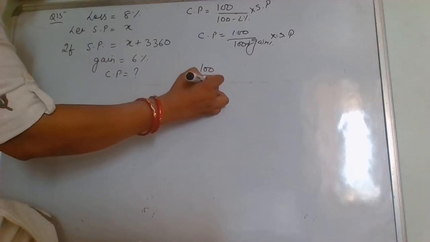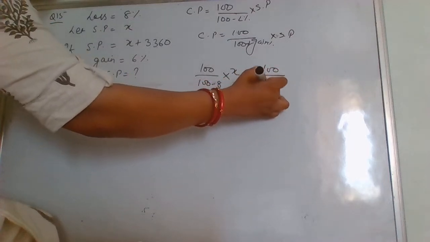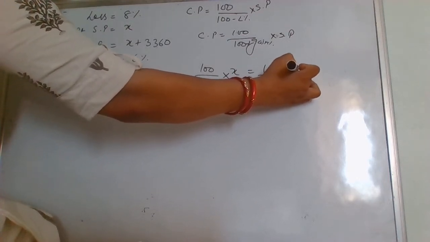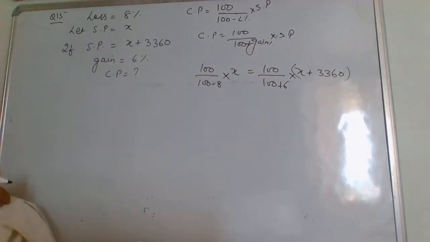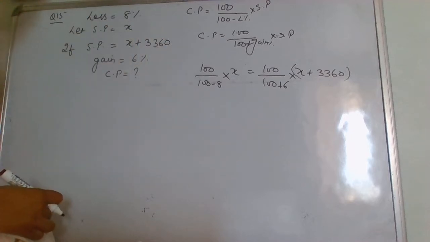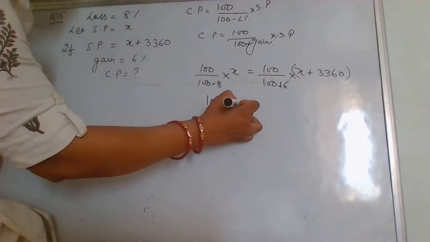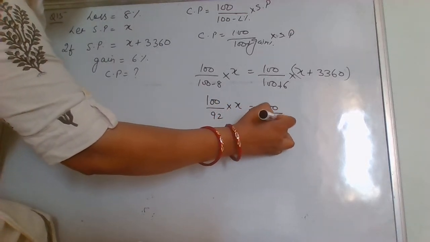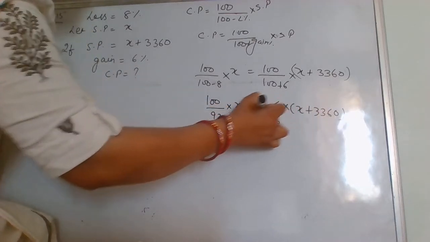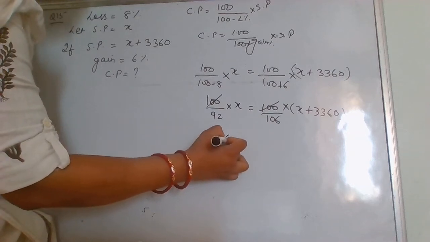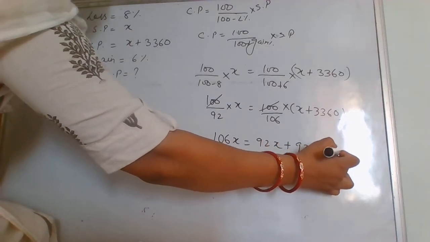So 100 by 100 minus 8 into selling price, that is X, and here 100 by 100 plus 6 into selling price, that is X plus 3360. Now we will solve for this X. This comes out as 100 by 92 into X, and 100 by 106 into X plus 3360. The 100s are eliminated. 106x is equal to 92x plus 92 into 3360.